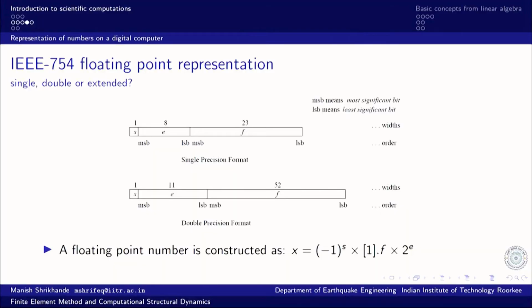Now, how is it done? The internal representation is of 32 bits. One floating point number on a digital computer occupies 32 bits, and those 32 bits are arranged as you see here. We count from the left side and move to the right. The leftmost bit, the most significant bit, is the sign bit, reserved because we need to represent both positive and negative numbers.